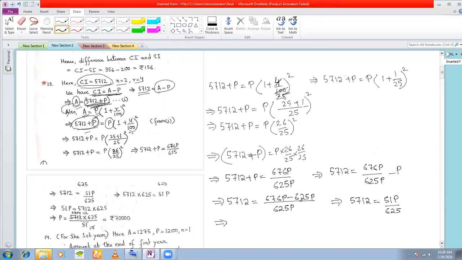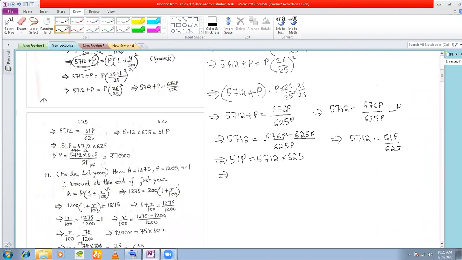So therefore 51P is, after cross multiplication, you get 5712 into 625. And therefore, my P is 5712 into 625 divided by 51.